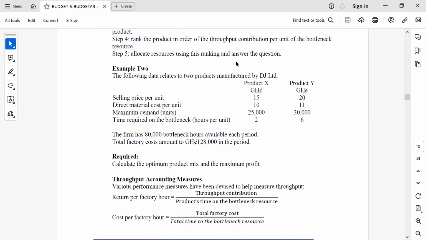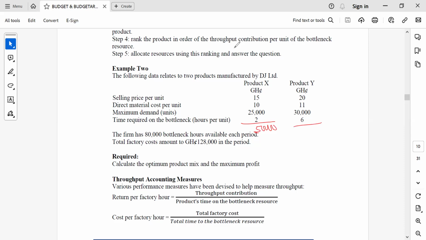Total hours required to produce all the 25,000 units of X. What will be the total hours? 50,000 hours. That will be 25,000 multiplied by the hours per unit.